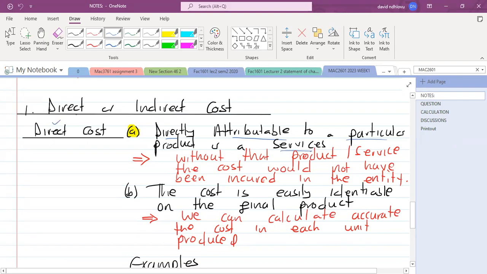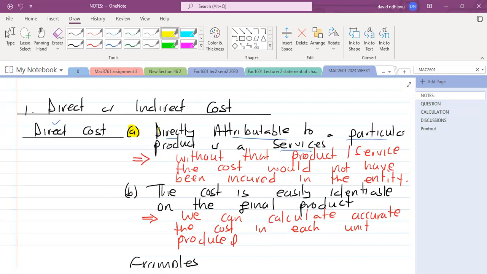If the answer is yes, then it is a direct cost. But if the answer is no, then the cost is shared among a number of products. It means this is a rent expense, but in this particular workshop where we rent, we manufacture 3 different products. So the cost is not direct to a particular product, but it is a shared cost.